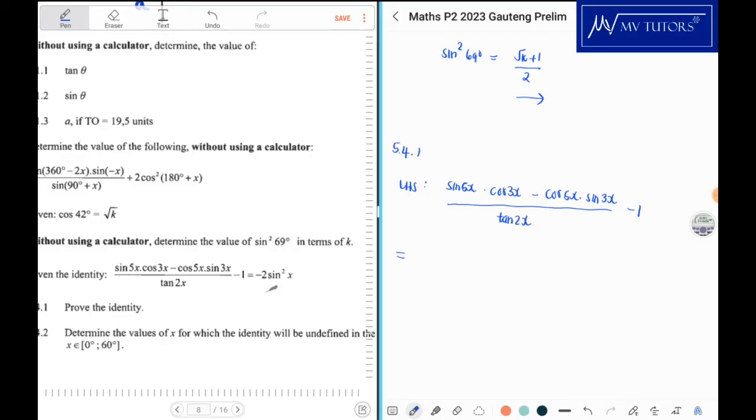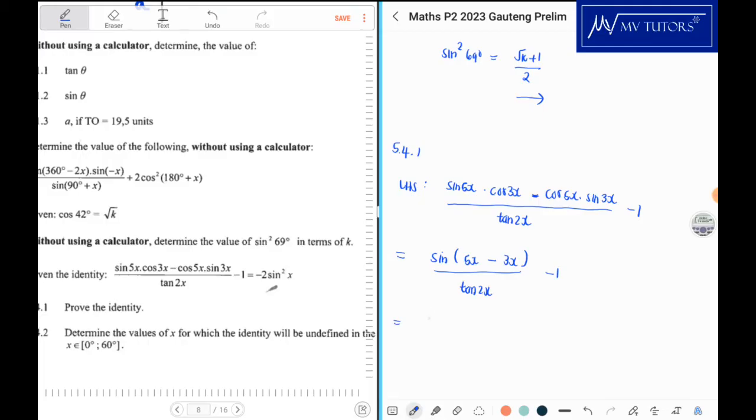With what's happening in the numerator, it's sine, cos, sine. It's reminding me of the compound angle for sine, where we have sine 5x, and since there's a minus there, we're going to say minus 3x. In the denominator, we have tan 2x, and then we just subtract 1.